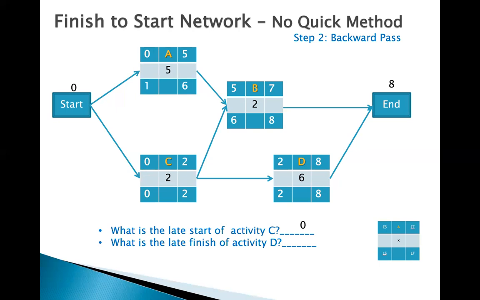The late finish of activity D is 8. Someone may ask, why are you doing just 2 questions? It's because this is an example. You can have different questions, for example, what is the late start of activity A or B instead of C or D? This is just randomly created.